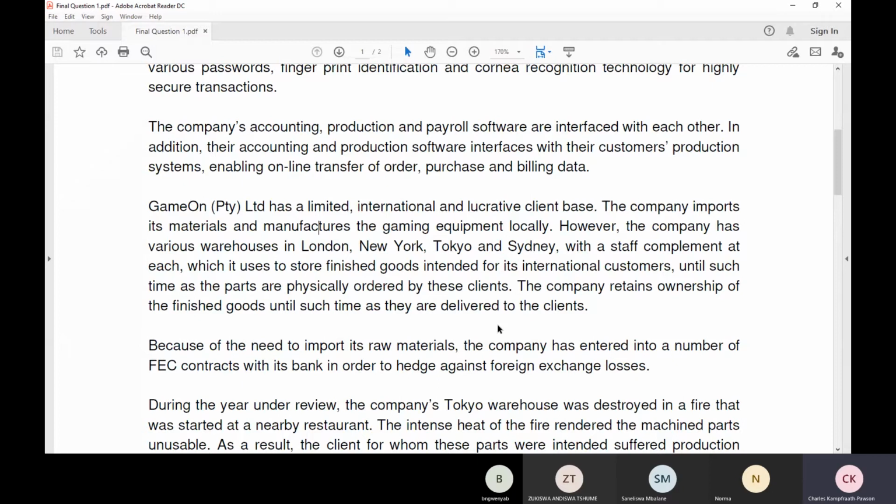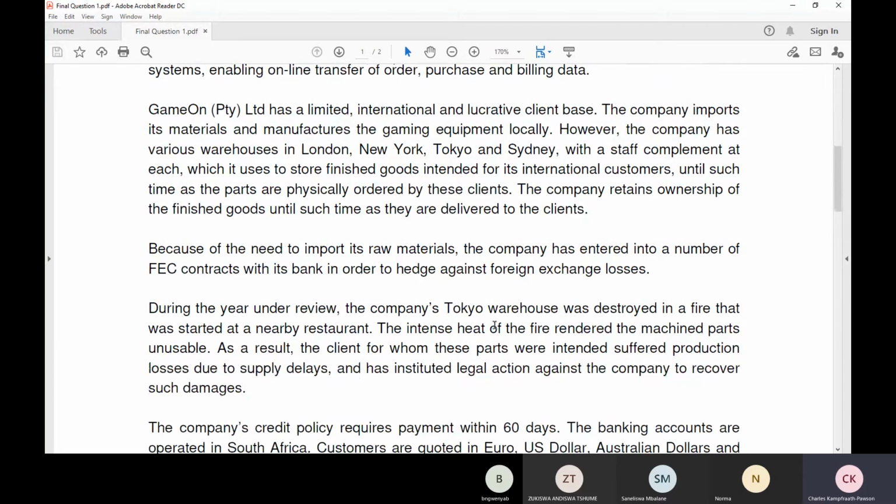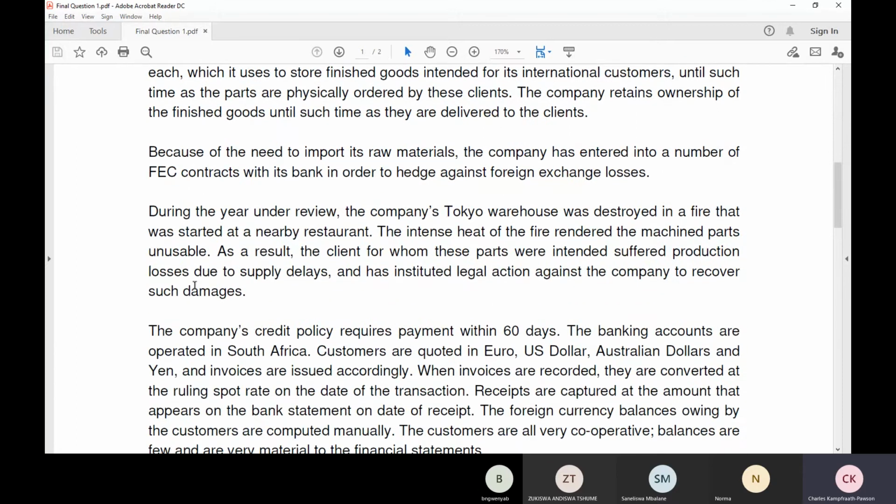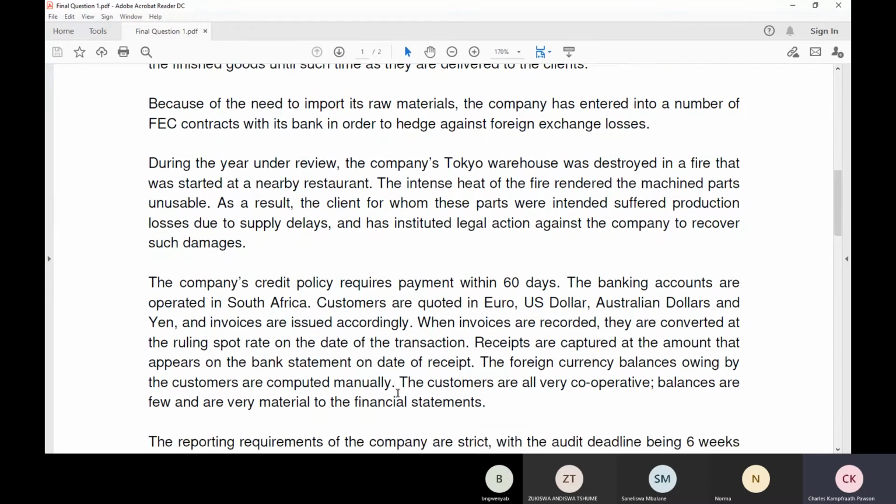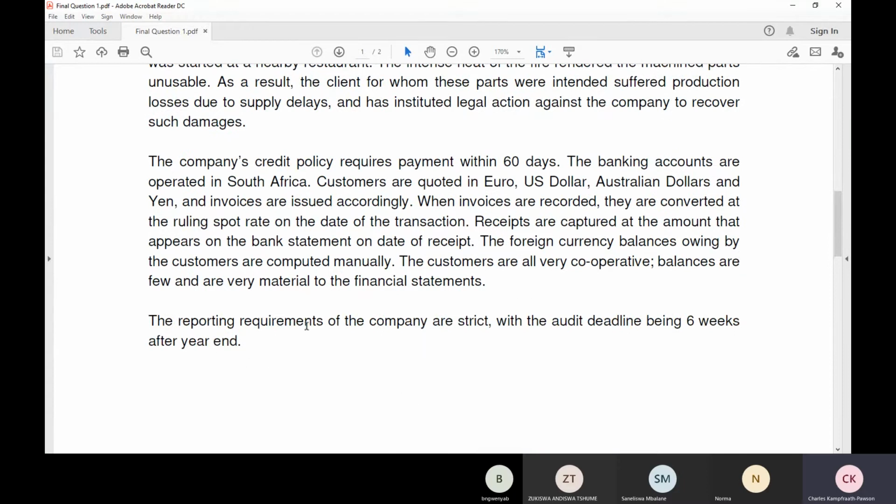And then lastly on this point, something that concerns me is they say the reporting requirements of the company are strict, with the audit deadline being 6 weeks after year end. If you've never audited, you might think that 6 weeks is a long time for an audit. Trust me, 6 weeks fly by so quickly.